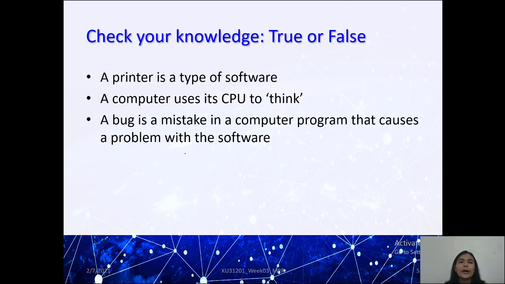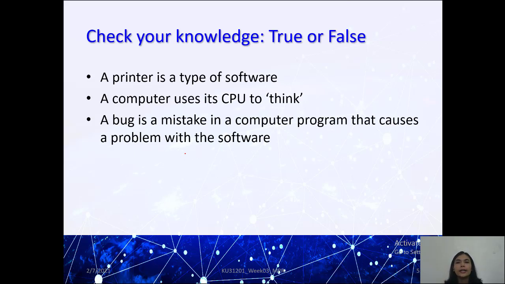There are 3 questions over here. A printer is a type of software. Is it true or false? A computer uses its CPU to think. And a bug is a mistake in a computer program that causes a problem with the software. So think of these statements and check whether you think each is true or false. That's one of the activities for checking your knowledge.